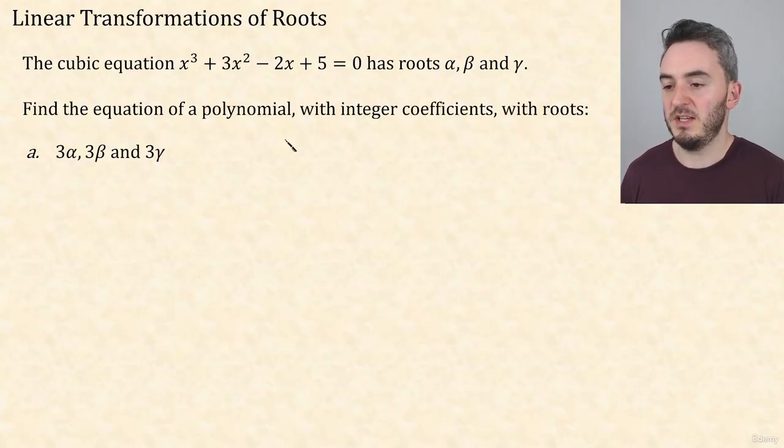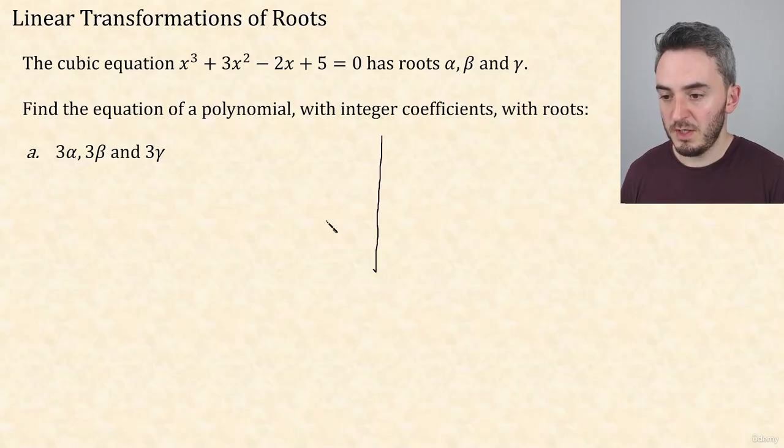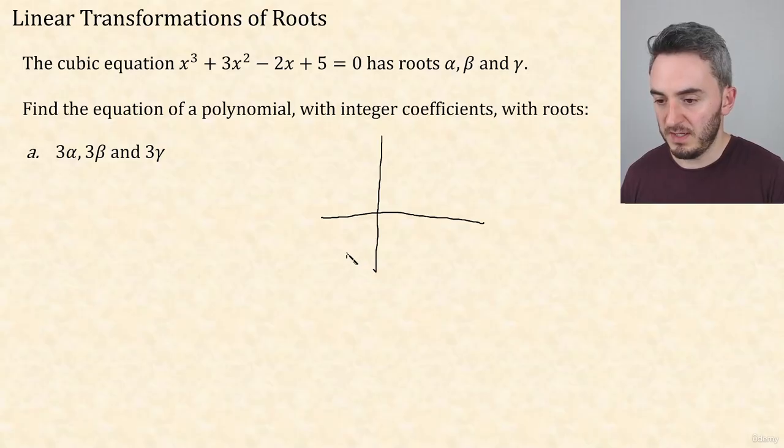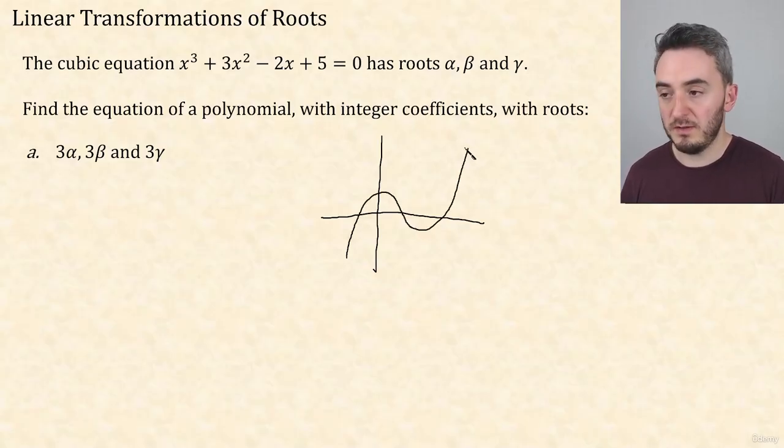So in this case, it's maybe useful to imagine a graph. So it's a cubic equation. Now, some of the roots might be complex, but let's just assume that it looks like this, okay? So a cubic equation with 3 real roots.